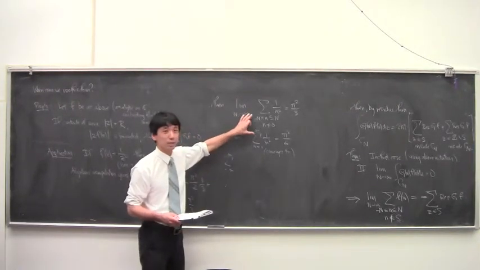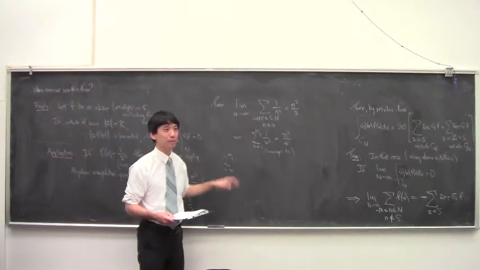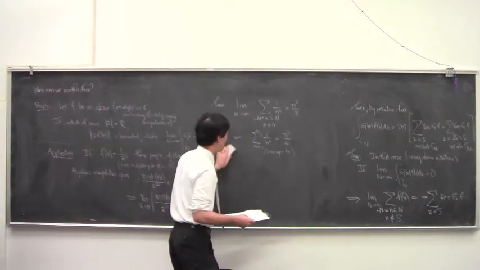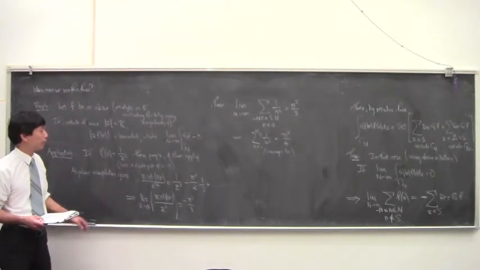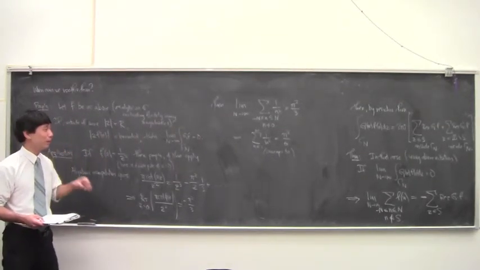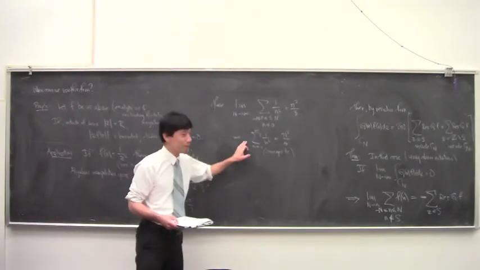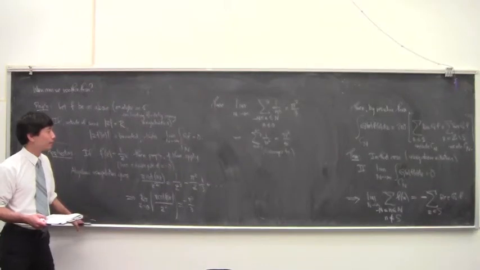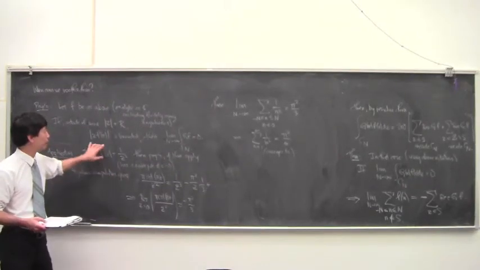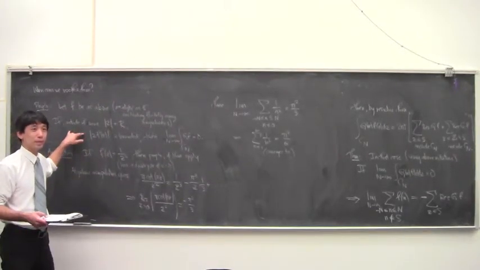But since it's an even function, then it does. So calculus of residues gives you this proof of this famous fact. Any questions about that? We'll prove the proposition in a second.